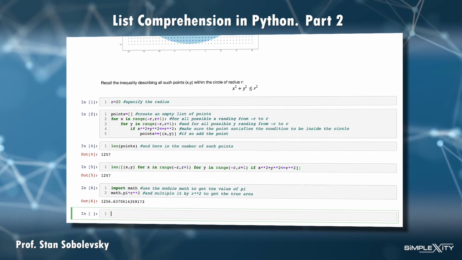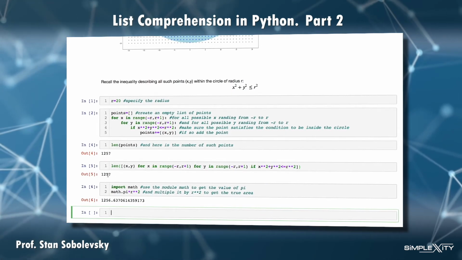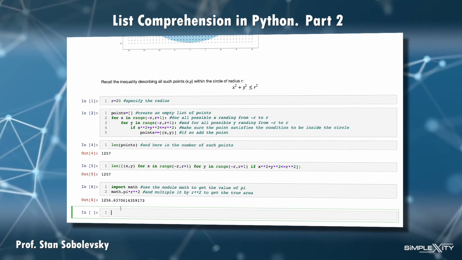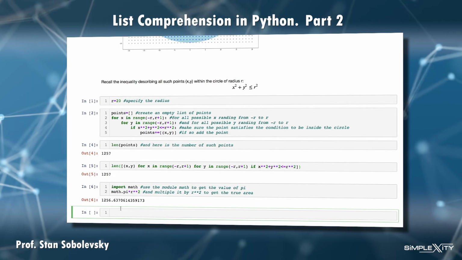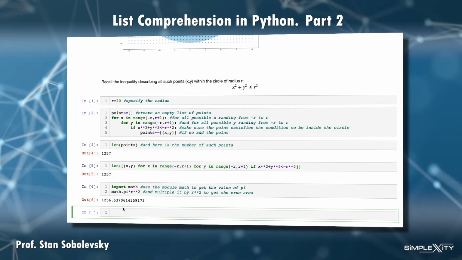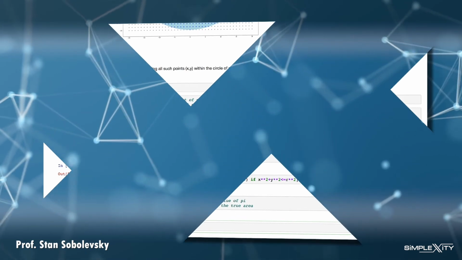This gives me the true area of the circle. So with 1257 points, we actually got as close as we could to this true value with an integer approximation. So this shows implementation of Monte Carlo simulation example with just a single line of code, thanks to list comprehension.